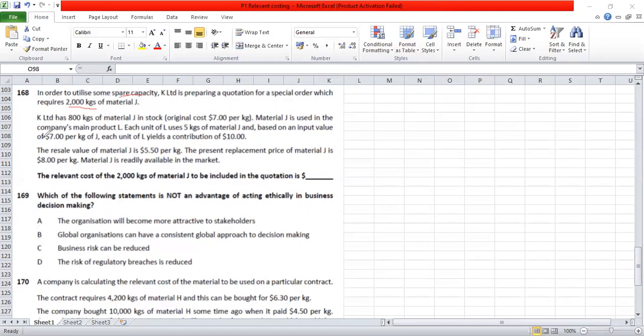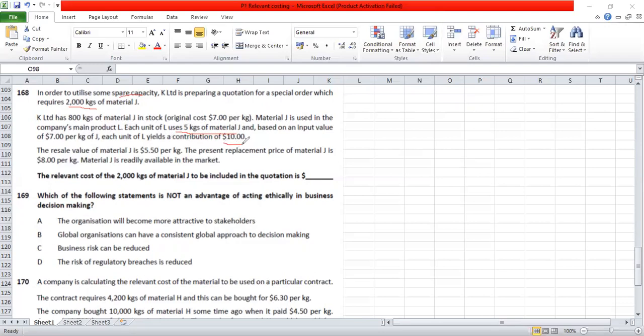Material J is used in the company's main product L. Each unit of L uses 5 kgs of material J, and based on an input value of $7 per kg of J, each unit of L yields a contribution of 10.